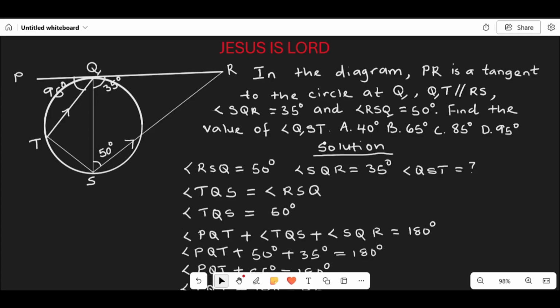Let us find angle QXT. In this diagram, QT is a chord and PR is a tangent.